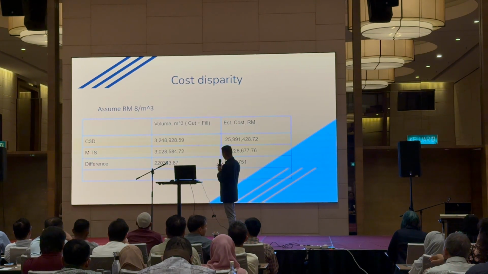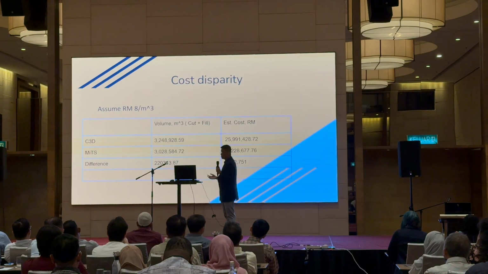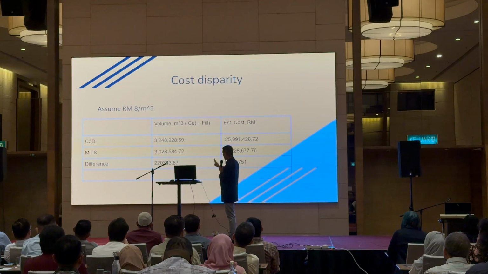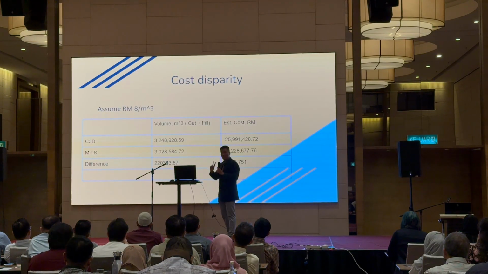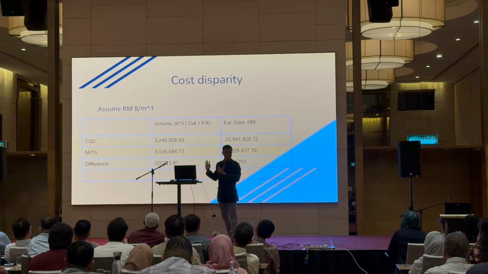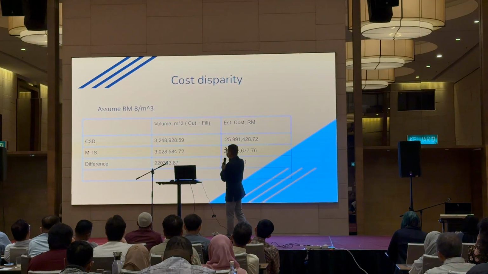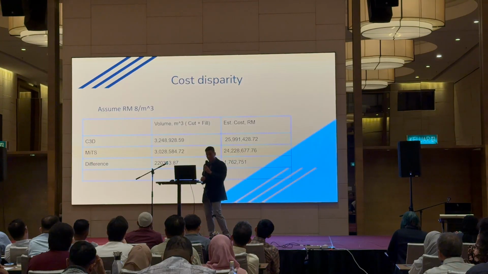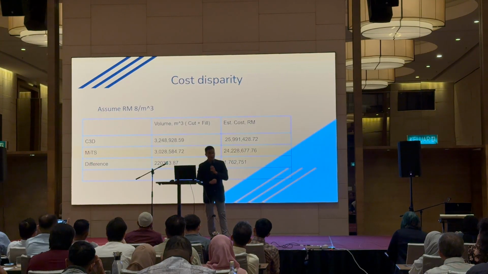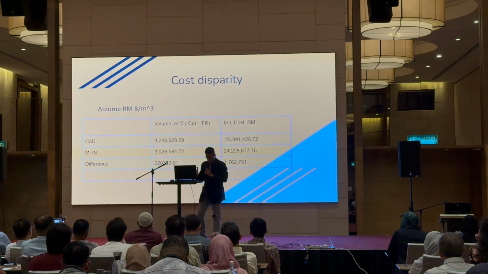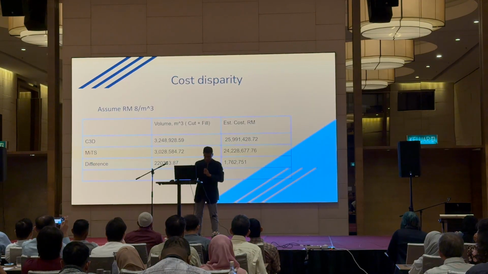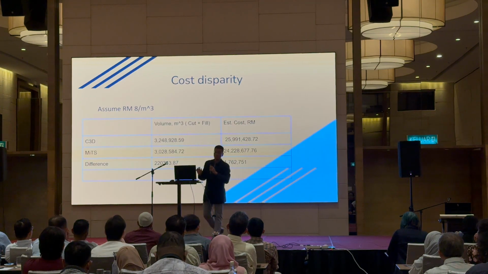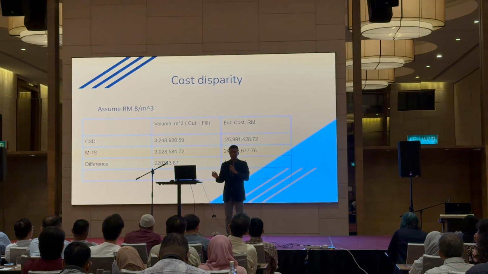And for MiTS, it's only 3.0 million meter cube for cut and fill. So the difference is around 222k meter cube. We use this number times 8 ringgit, so it's around 1.7 million. So the result from us and the result from the contractor will generate around 1.7 million ringgit difference.